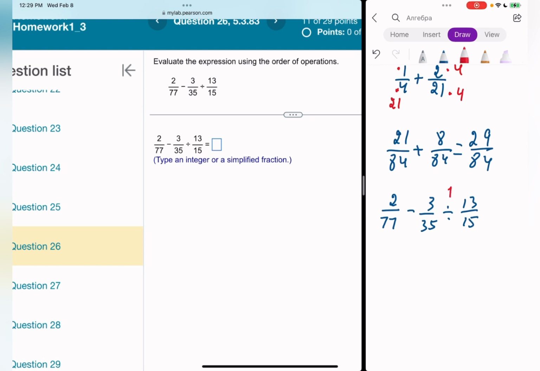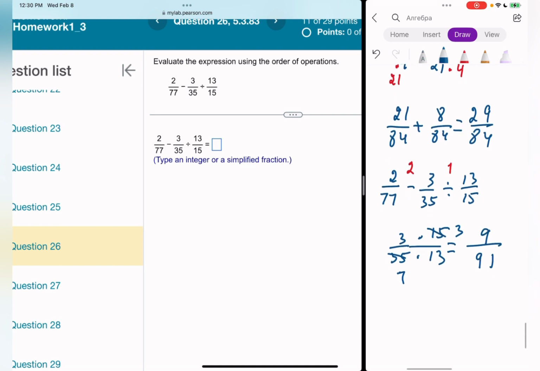What am I saying? First the division and then the subtraction. So first thing, 3 over 35 divided by 13 over 15, which means multiply by 15 over 13. I flipped already. So 15 and 35, I can reduce by 5. This is going to be 3. Reduce by 5, it's going to be 7. So 3 times 3 is 9. 7 times 13 is 91.